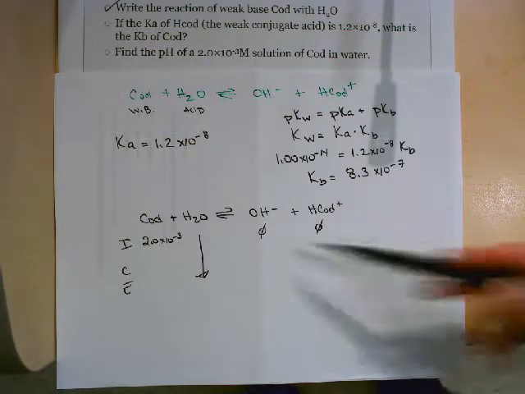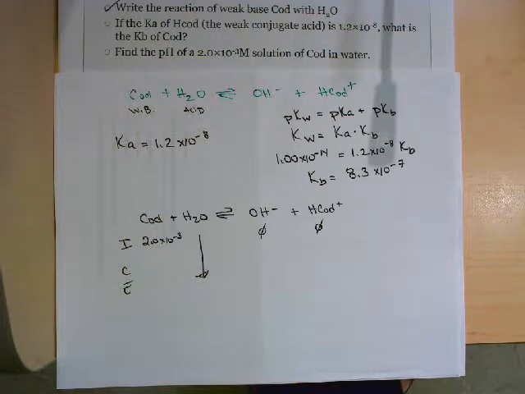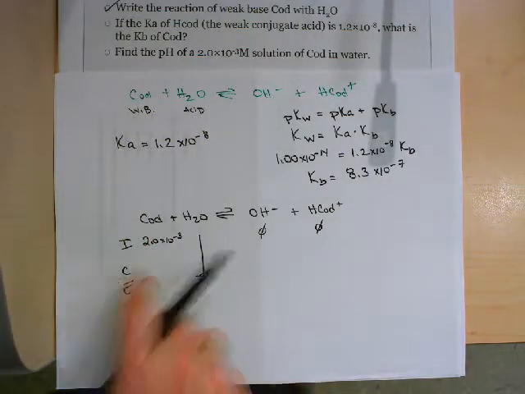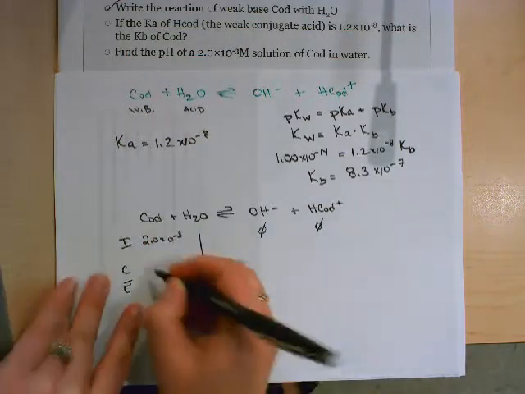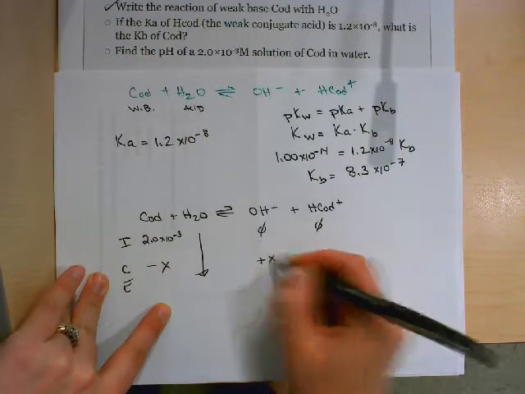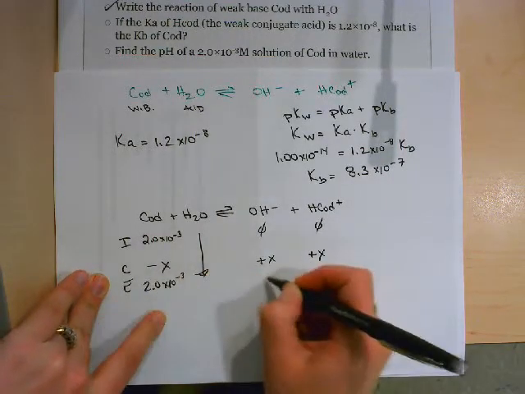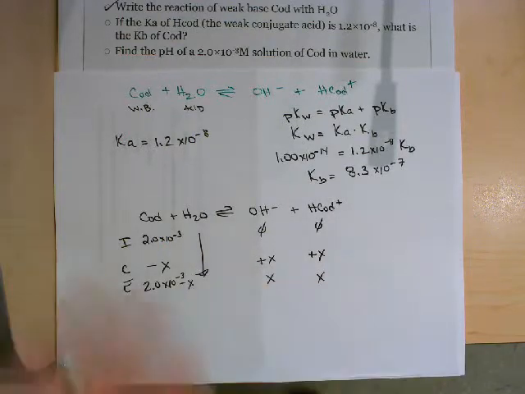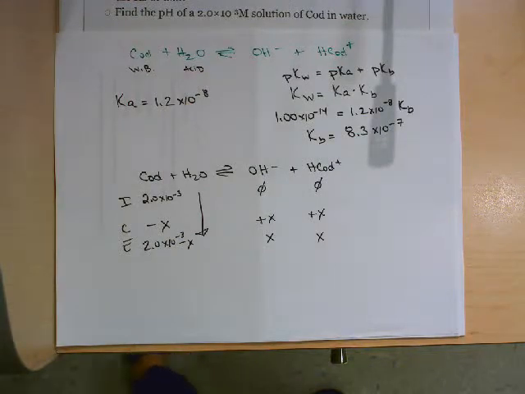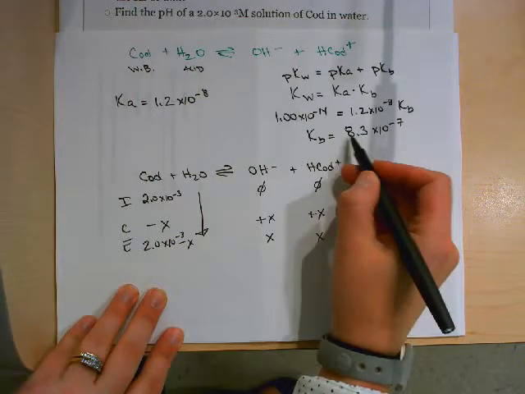Because I want pH, but we're going to make OH minuses. And in the end, figure out what pH is. Alright, so how many X's does a codeine lose? 1, right? And these guys each gain 1. Alright, so now we have our Kb, which is up here.